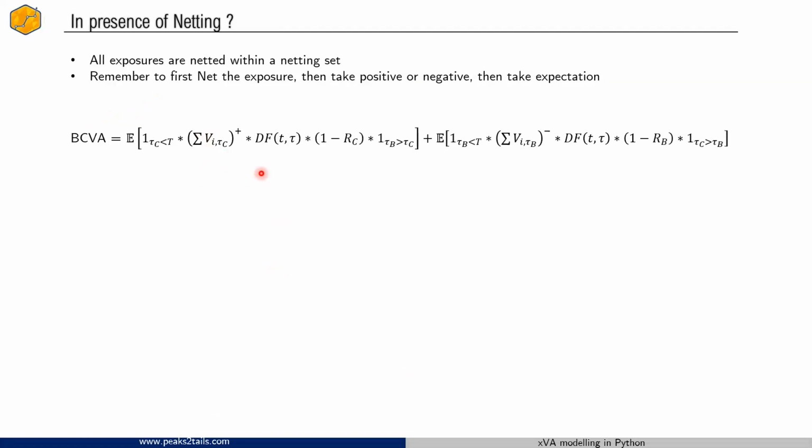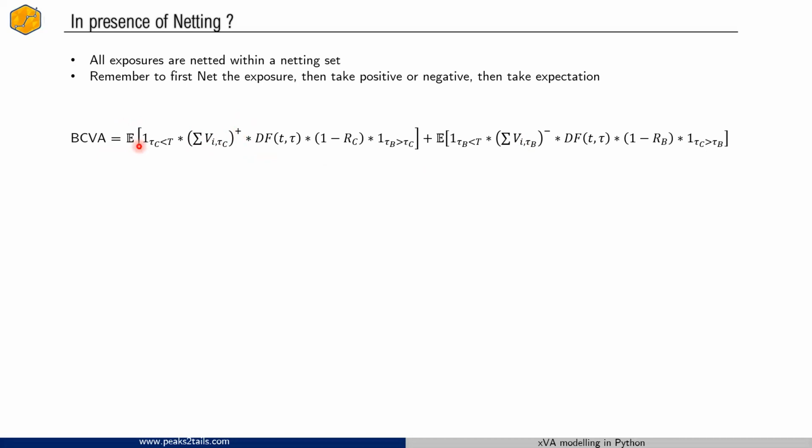Very simple. Keep everything intact, take the sum of V. Sum as in, let's say you have two trades, it will be V1 plus V2 here, V1 plus V2 here, that's all. Now it is very, very important that first you take the sum and then you take the positive part of it. And then you take the expectation. That's the sequence.